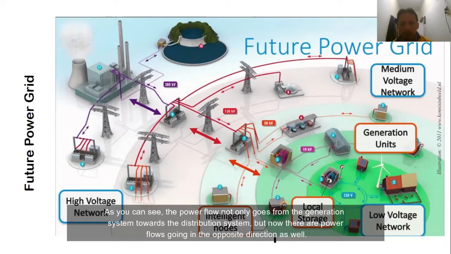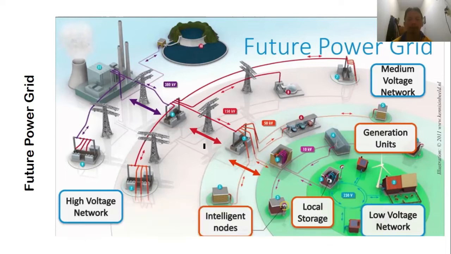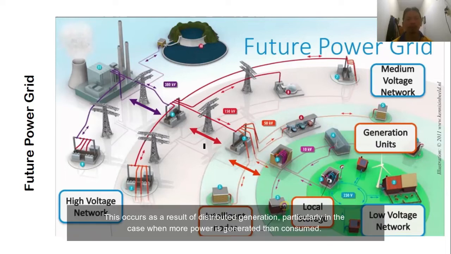As you can see, the power flow not only goes from the generation system towards the distribution system, but now there are power flows going in the opposite direction as well. This occurs as a result of distributed generation, particularly when more power is generated than consumed.